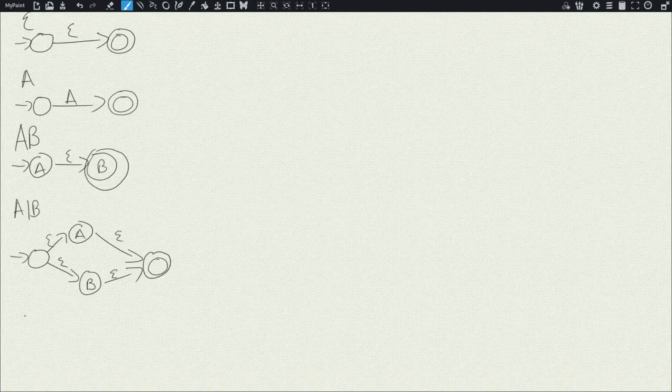Then we have a pattern called star, so A star. A star would be a starting state with epsilon, followed by the A pattern.